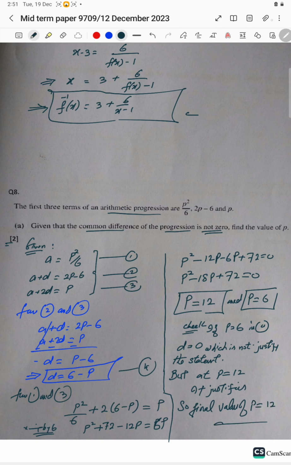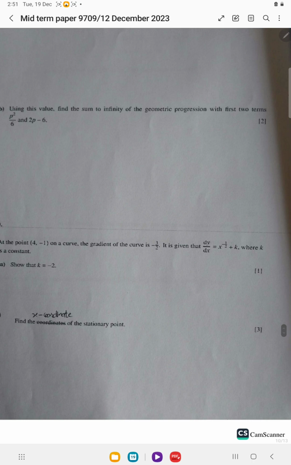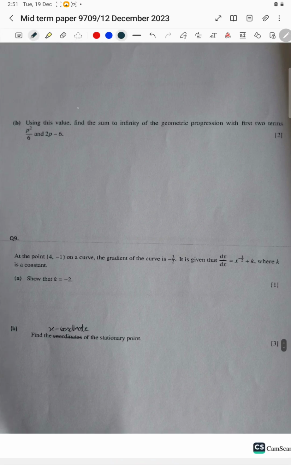I hope it's clear. Again, it's a 2 marks question for part b. Using this value, what we get is the p value from the first part, p is equal to 12. So using this value, find the sum to infinity of a geometric progression with the first two terms.